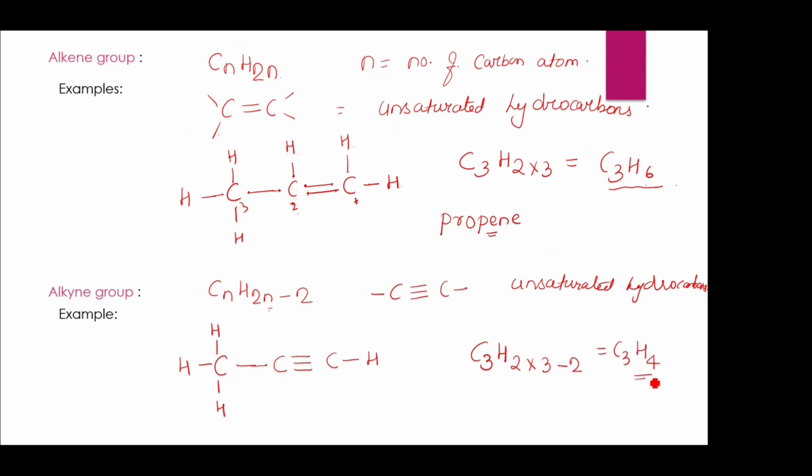Then it is C3H4. Now you count 3 carbons and 4 hydrogens. With 3 carbons the word root is prop. And what is the suffix here? Ine. So the name will be propyne. Propyne, 1-propyne, both are okay.